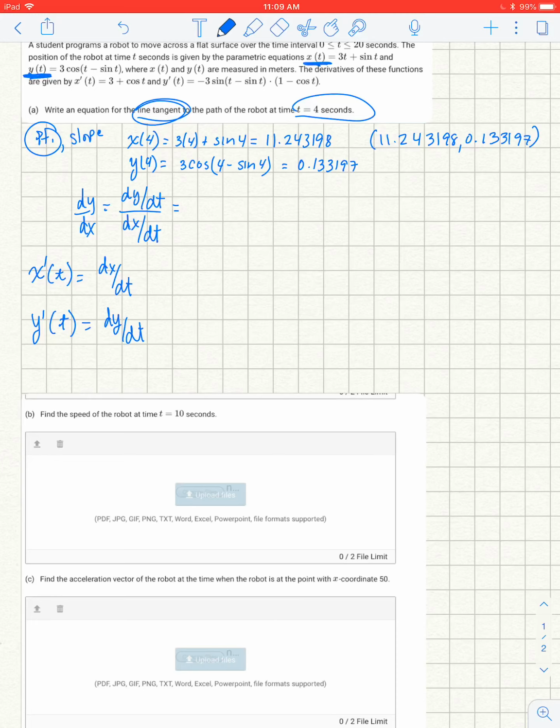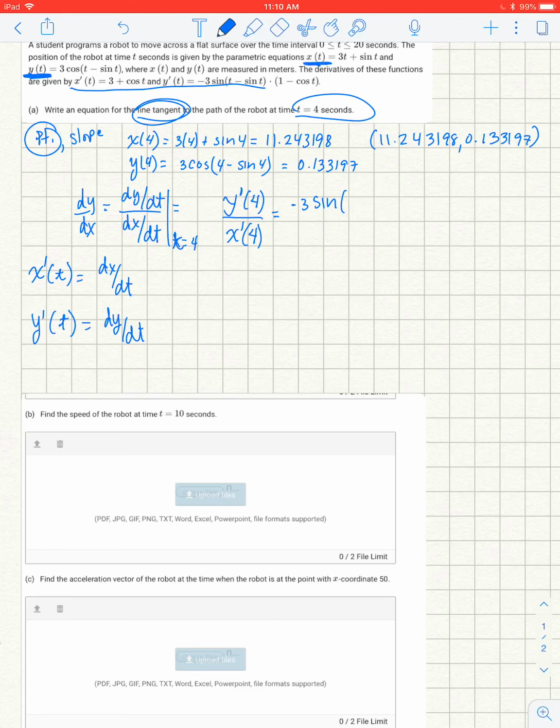So if I'm going to look for this at t equals 4, I'm going to do y prime at 4 over x prime at 4. When I do that, you're just really plugging into these two.